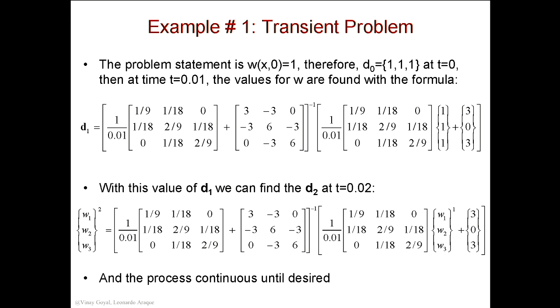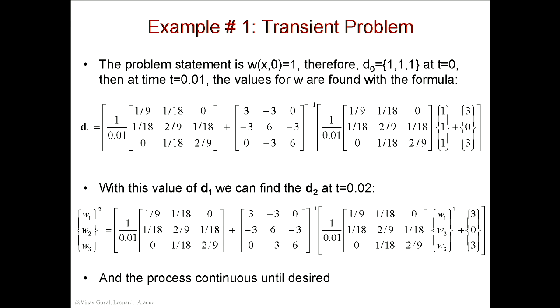And I'm basically done. I just multiply everything out, and I get the new value of D1. When I get the new value of D1, that's at time equals 0.01, right, because I'm marching forward with a delta T of 0.01 here. So since it's 0, and I have a value of 1, 1, 1, then at 0.01, I have a value of whatever I get when I multiply all of that.